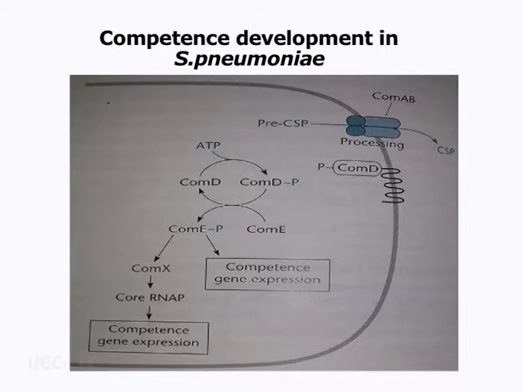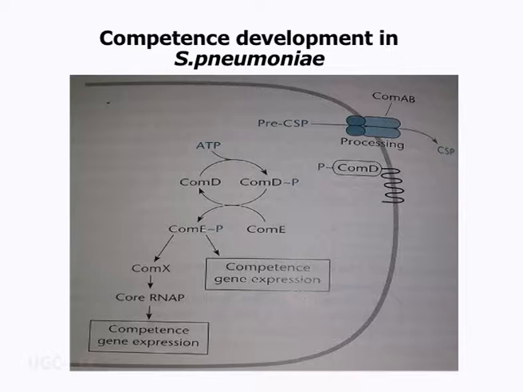Now, we will be discussing the regulation of competence in Streptococcus pneumoniae. This has been established just a few months back. Competence regulation in Streptococcus pneumoniae utilizes cell-to-cell signaling by small peptides called competence stimulating peptides, CSP.